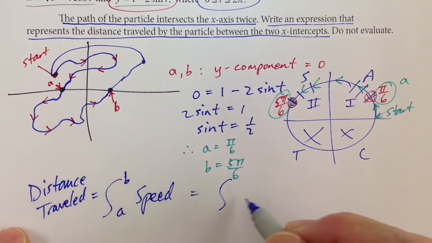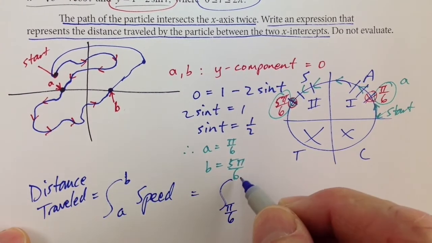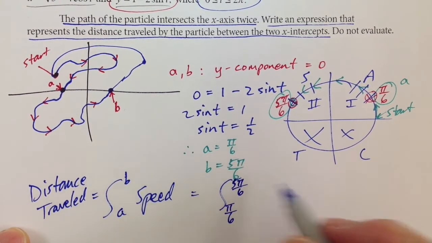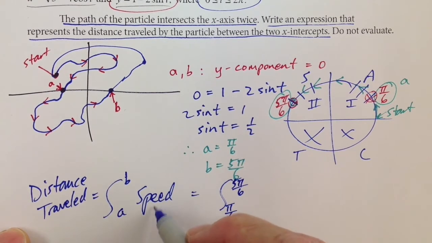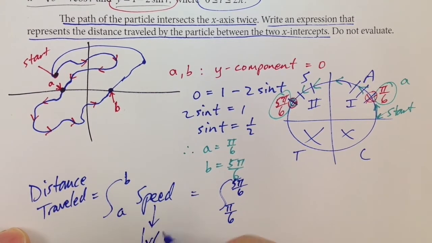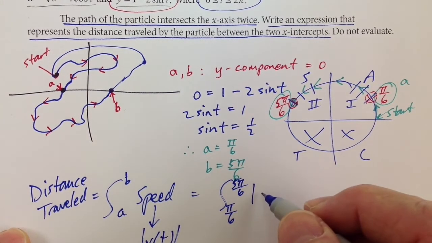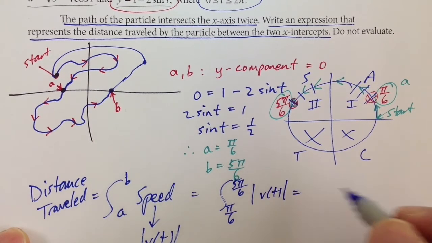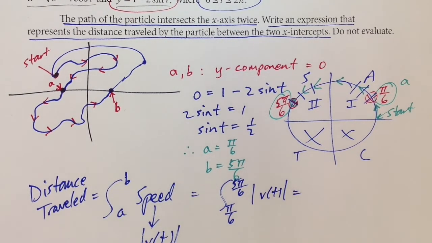That would be the integral from pi over 6 to 5 pi over 6, and the speed would be the absolute value of the velocity, right? We don't have that yet, so let's find the absolute value of velocity, or the length of the velocity vector.